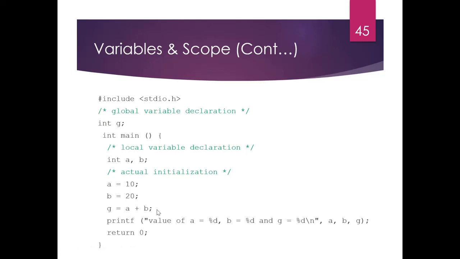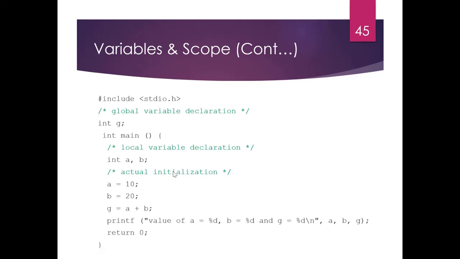The value of a equals 10, b equals 20, and what is the value of g? g equals a plus b. Although it is defined outside of the main function, we can access it inside main because this variable is global, and from anywhere in this program we can access it.